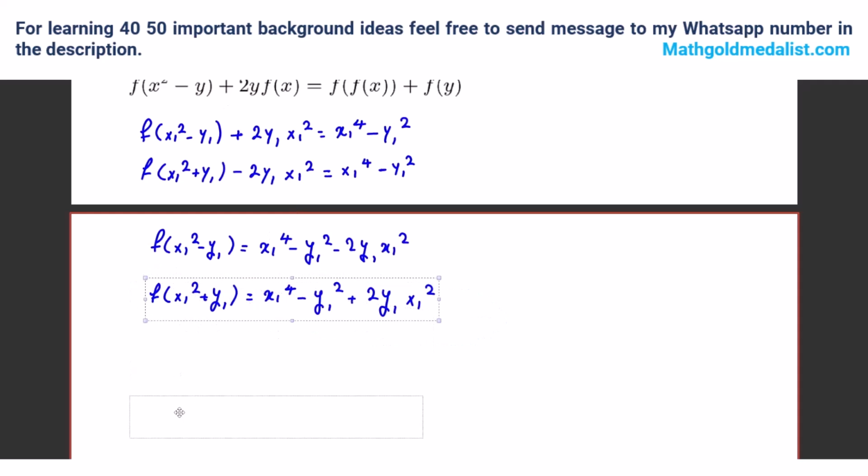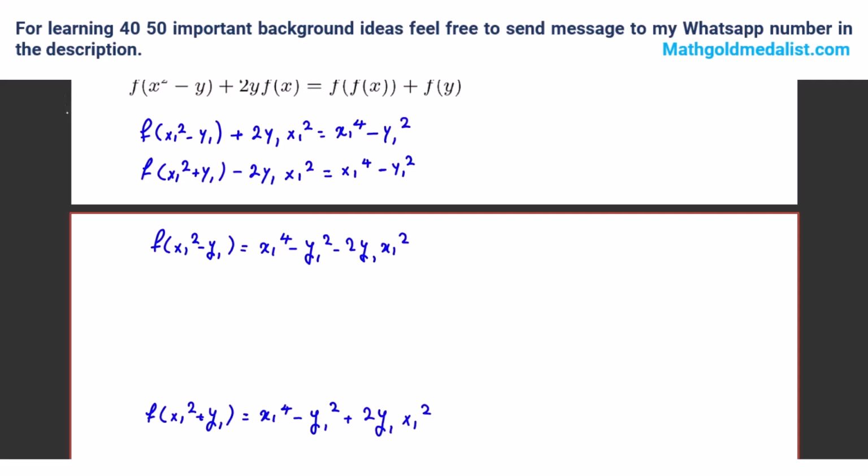For example, this one. For this one, we know we have three cases. It can be 0, or it can be this one squared, so x1 to the 4 minus y1 squared minus 2y1 x1 squared is equal to x1 squared minus y1 whole squared, or negative of that.